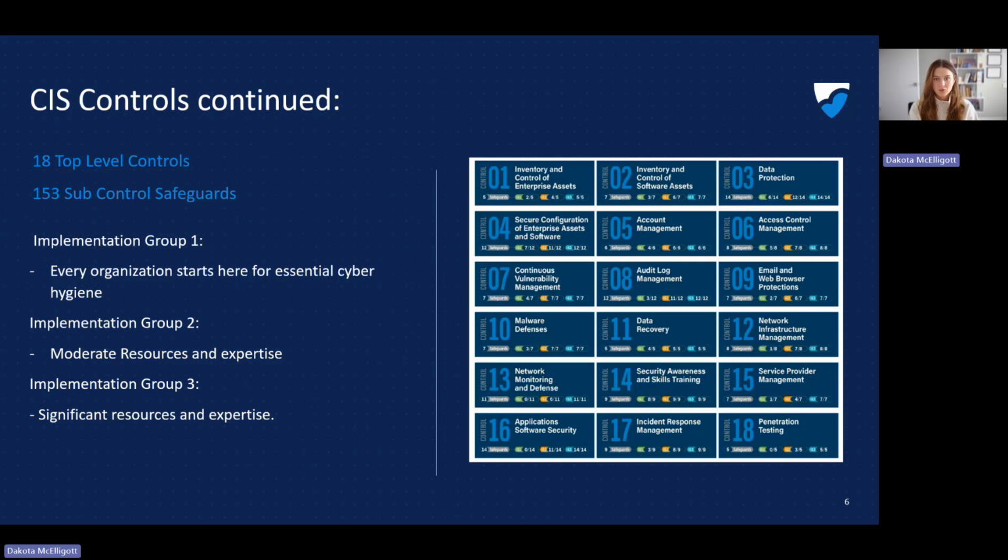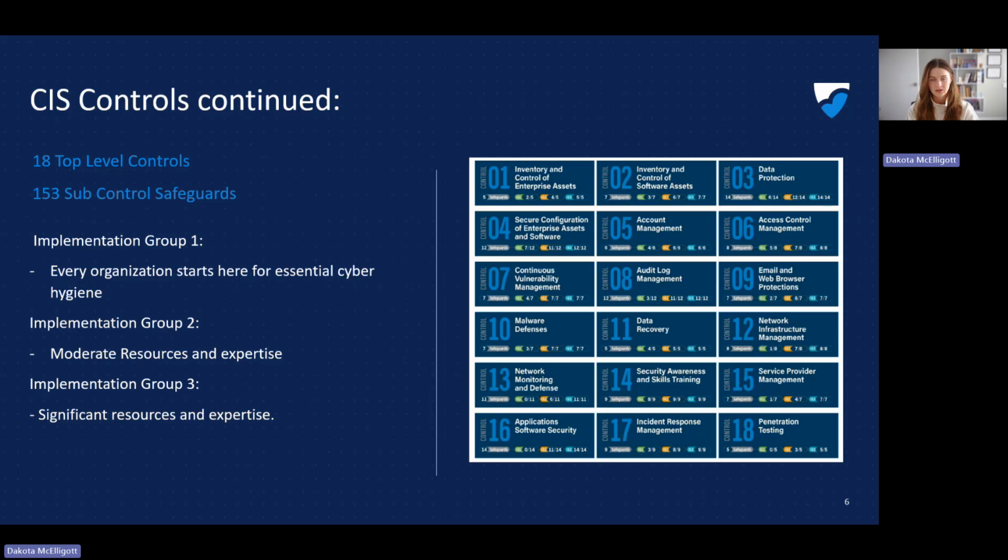I would say that most organizations, and this is what CIS recommended as well when I was there, prioritize implementation group one first and foremost, and then work your way down from there, and pick and choose and cherry pick from those decisions. So typically what I would see is organizations start with implementation group one, focus on those first.